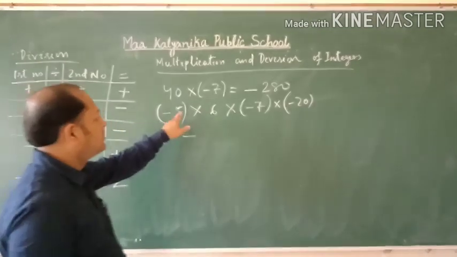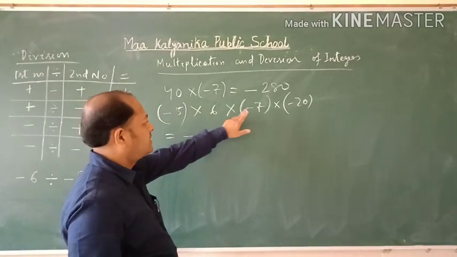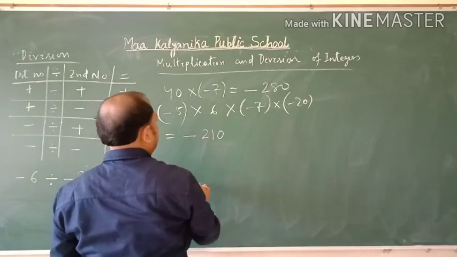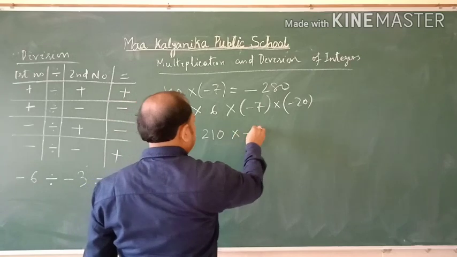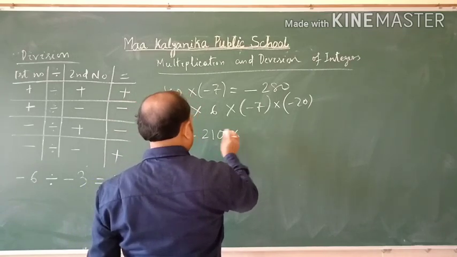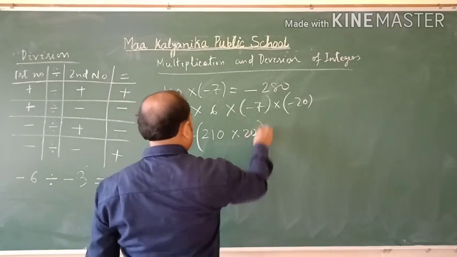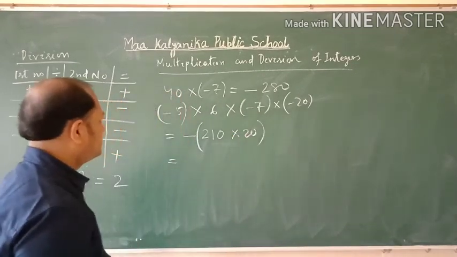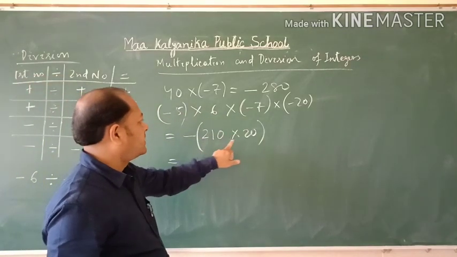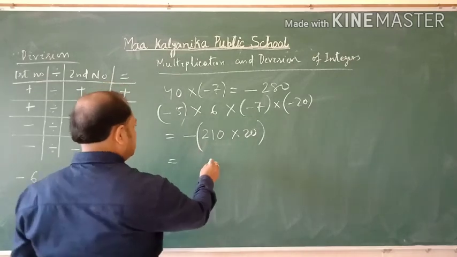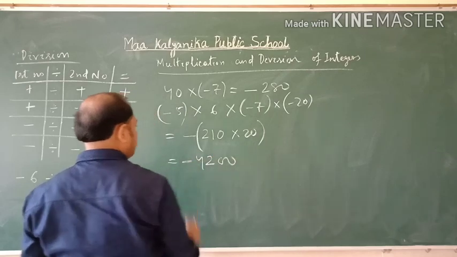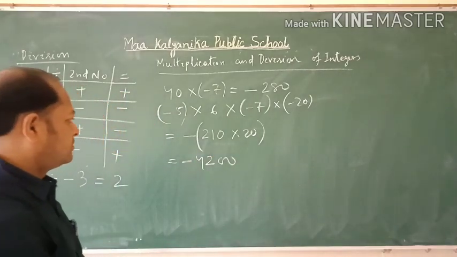Now let's multiply. 5 into 6 is 30, 30 into 7 is 210, and 210 into 20: 2 times 2 is 4, so 4200. So the answer is minus 4200.